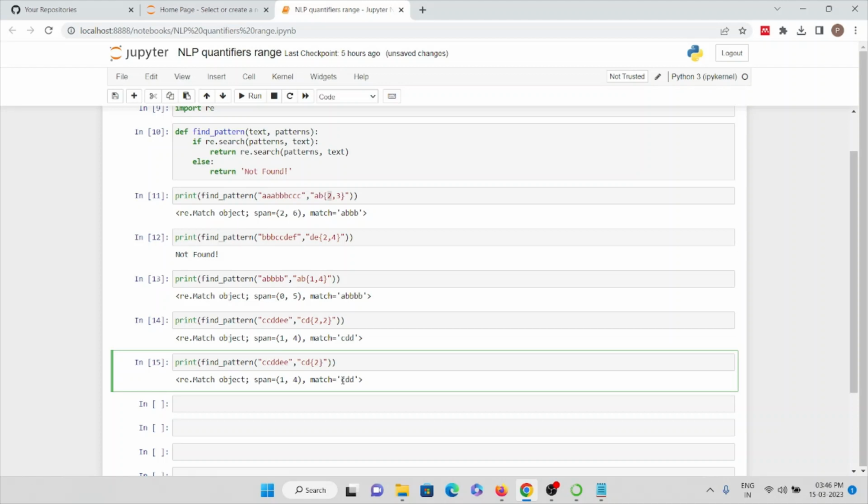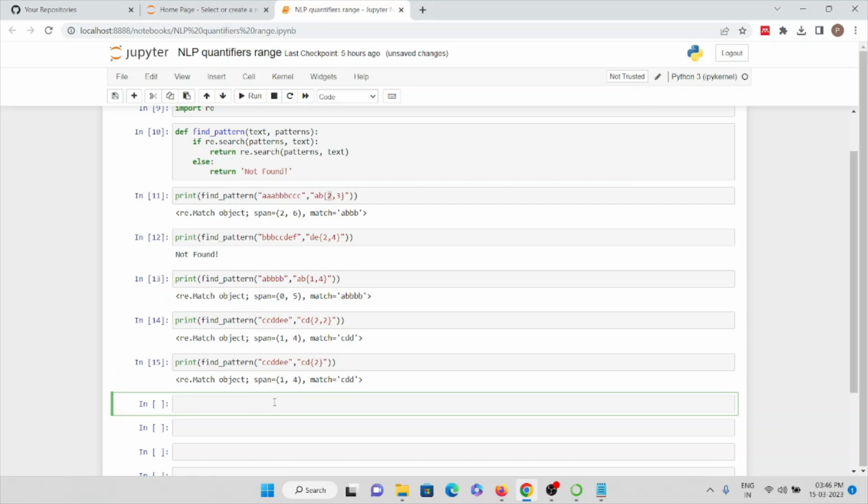The starting range is 1 and the span is between 1 to 4. So here you can see C followed by D, 2 number of times. Even though there are 2 Cs here, you can still see the span is between 1 to 4.